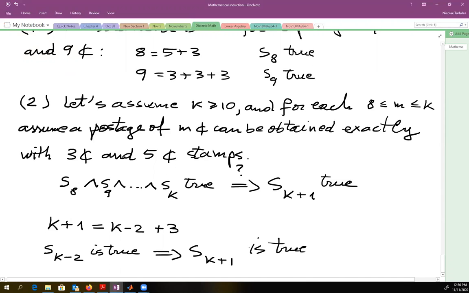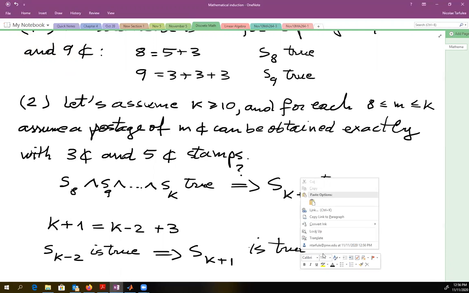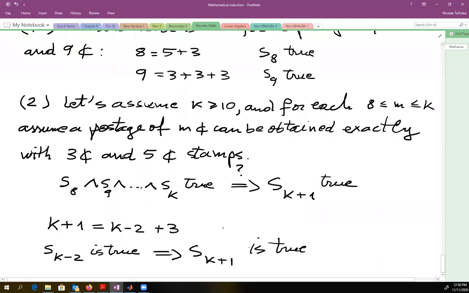Why is that? You just add a stamp of 3 cents value, right? So you know that K minus 2 cents can be covered by stamps of 5 cents and 3 cents value.